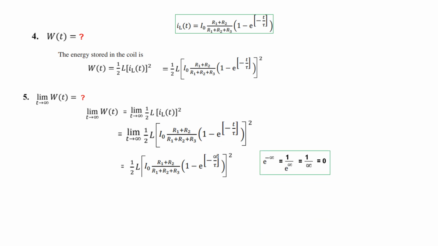And I hope you know that e raised to the power minus infinity means actually 1 over e raised to the power infinity. E raised to the power infinity is actually infinity, and anything divided by infinity is 0. So this portion will be equal to 0. So this is 0, and simplifying, we get this to be our final answer.